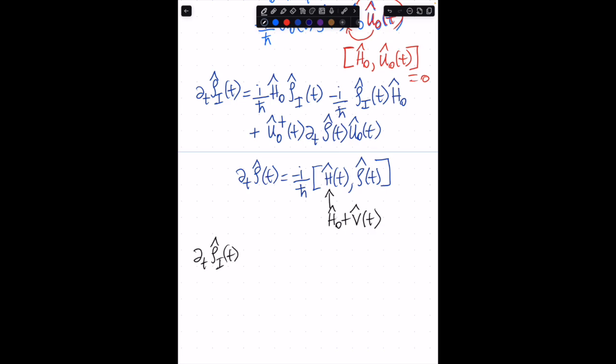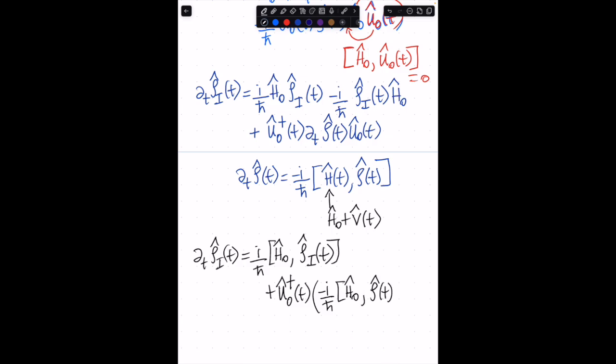We write down the equation again. We write it as a commutator of h0 with rho I(t), plus U hat dagger(t) times minus i over h bar times, we split the commutator now with respect to h0 and v. So we can write h0, rho hat(t), times U hat 0(t).